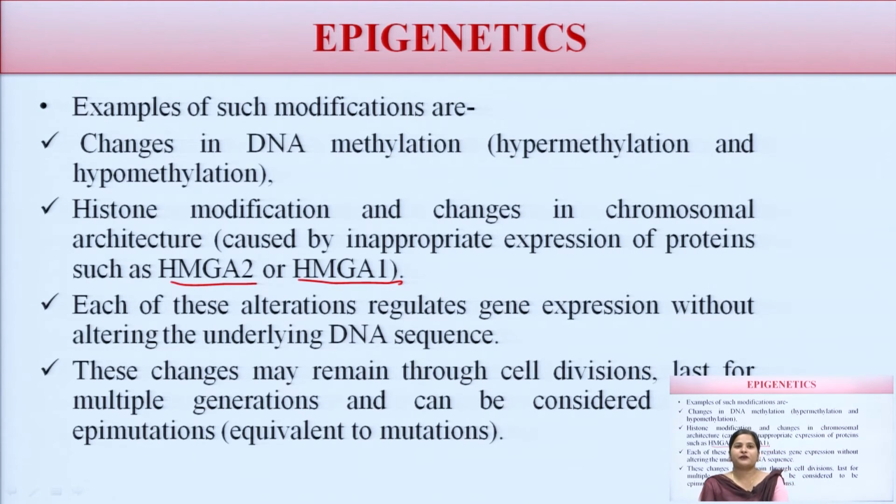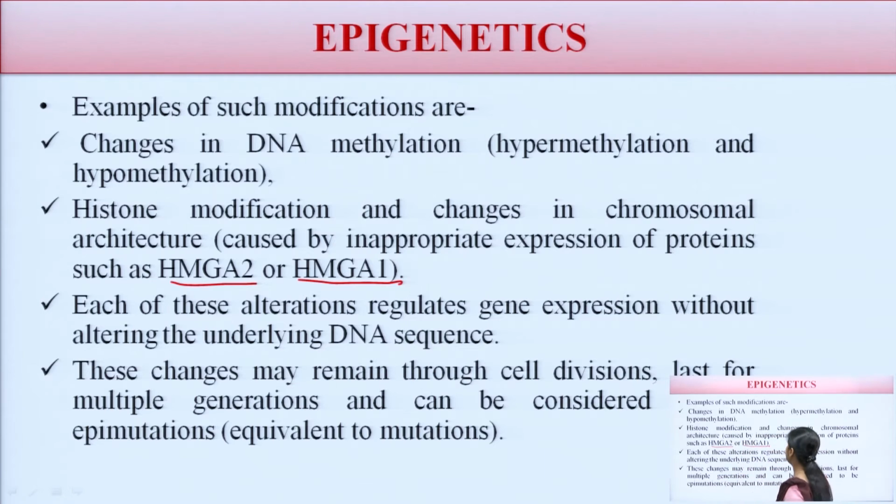Each of these alterations regulates gene expression without altering the DNA sequences. So, the genes get altered in their functions or gene expression, but without any change in the DNA sequence.